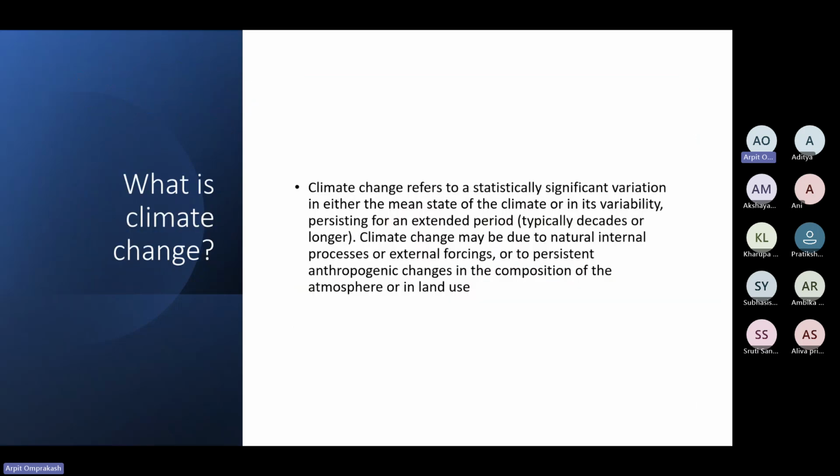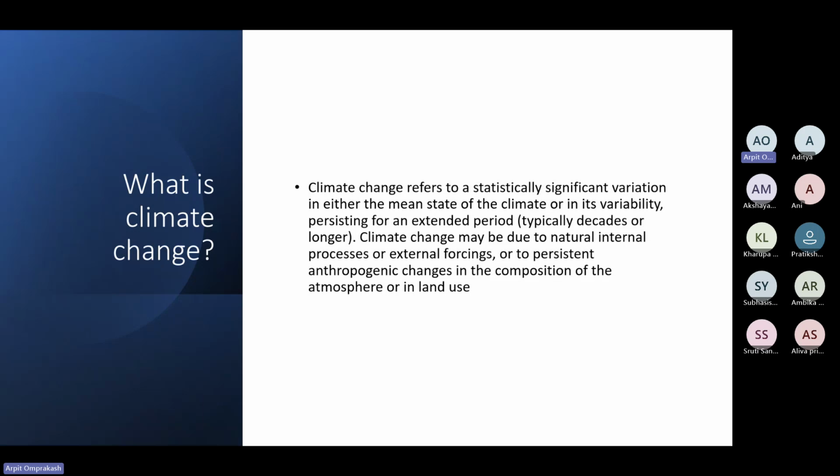So what is climate change? So climate change basically refers to a statistically significant variation in either the mean state of the climate or its variability persisting for an extended period, typically decades or longer. So basically climate change is the variation in either the mean state of the climate or the variability of the climate.